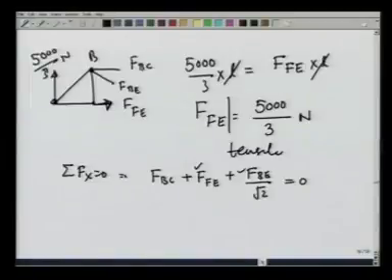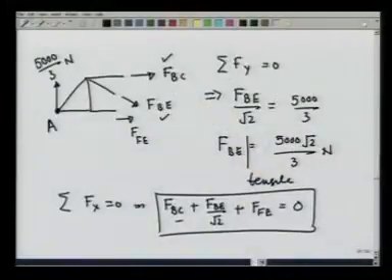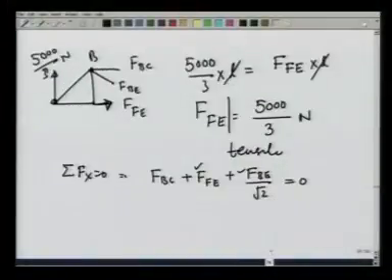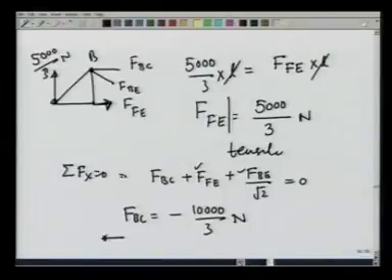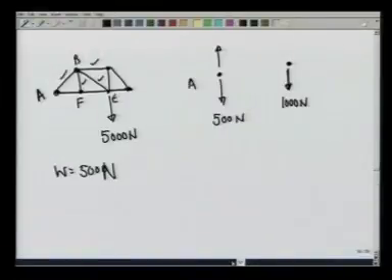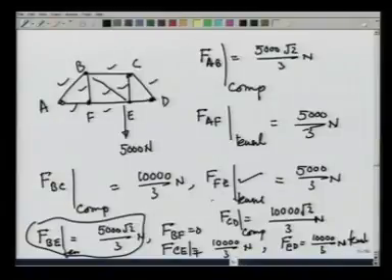FBE is equal to 5000 root 2 over 3, and that gives me FBC is equal to minus 10,000 over 3 newtons, and this is coming with a minus sign. Therefore, FBC is in the opposite direction and it is compressing the rod. So, FBC is 10,000 over 3 compressive force, which we had of course obtained earlier, as you can see. FBC was compressive 10,000 over 3 newtons.